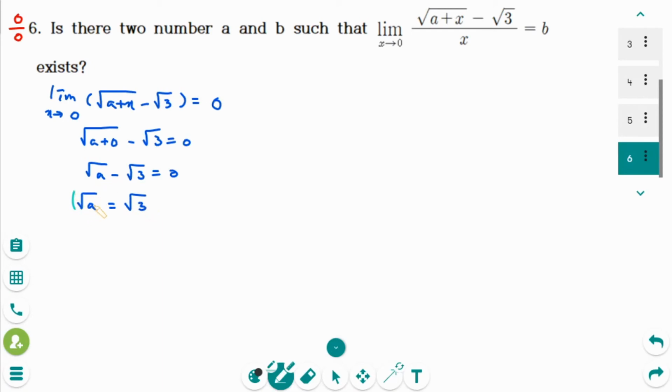Then square each side. You get a equals 3. Now put a equals 3 back into the original equation.